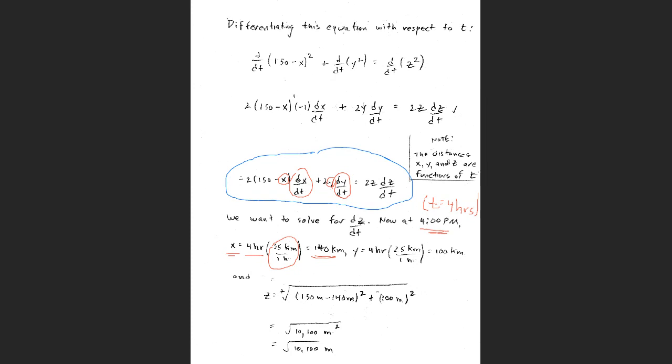Similarly, ship B travels north at 25 kilometers per hour, so after 4 hours, it's gone 100 kilometers. This allows us to get x and y. And by the way, we know dx/dt and dy/dt, the rates at which these ships sail.